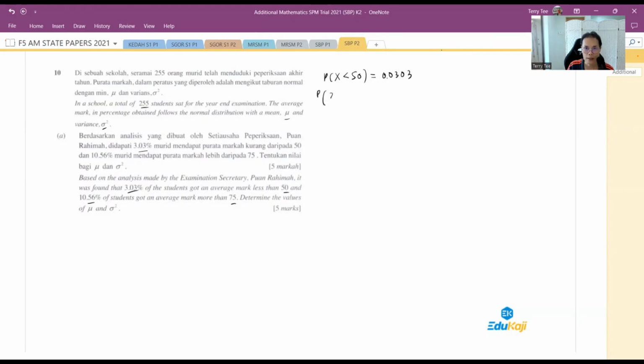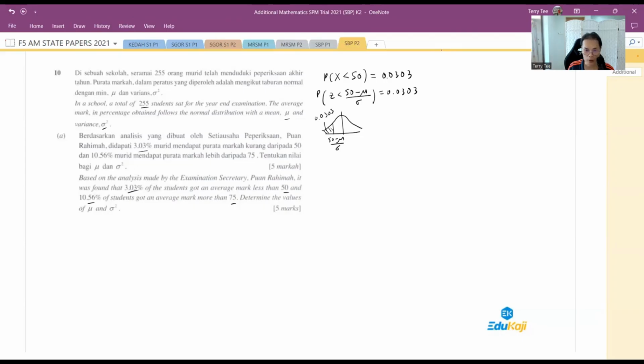Okay, so when you standardize it, this is 50 minus mu divided by standard deviation sigma equals 0.0303. Now I like to do a rough sketch. So we know that this 50 minus mu over sigma should be on the left, so that the probability that Z is less than this is 0.0303.